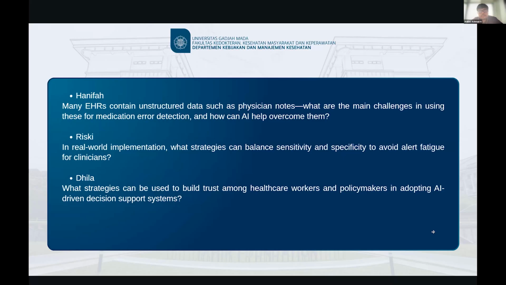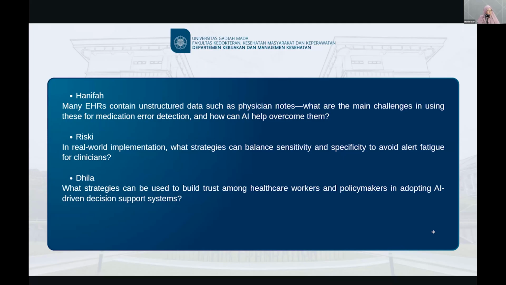Actually, healthcare workers and policymakers are eager to adopt AI, but they need to know its limitations, what can be done, and what they can do with the information from the AI. So I think they have to understand all of that.